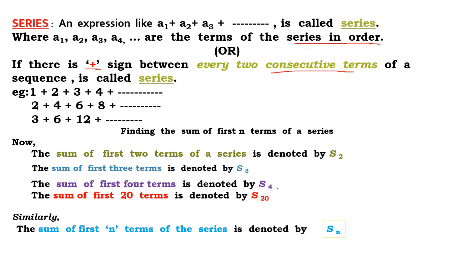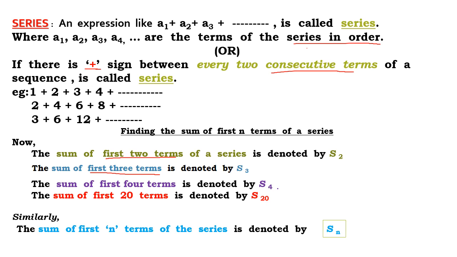Now, finding the sum of the first n terms of a series is very important. The sum of the first two terms of a series is denoted by S2. S2 is nothing but the sum of the first two terms. The sum of the first three terms is denoted by S3.